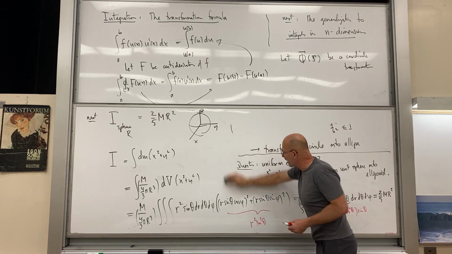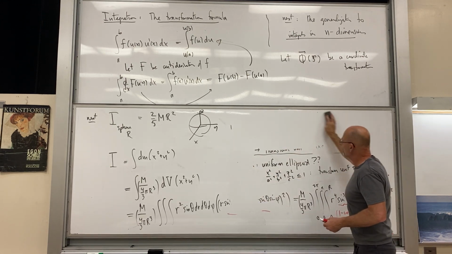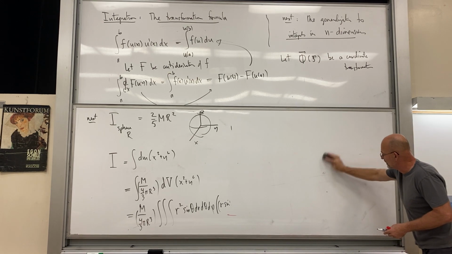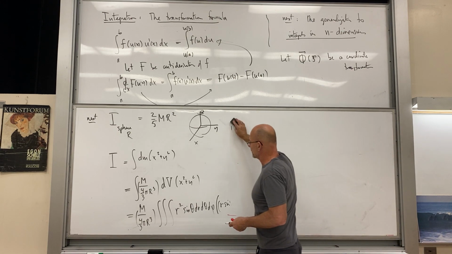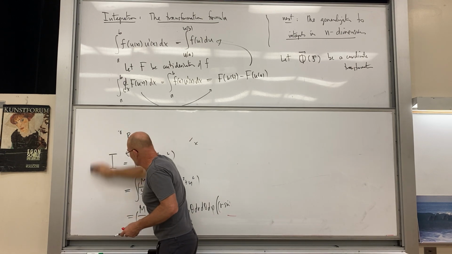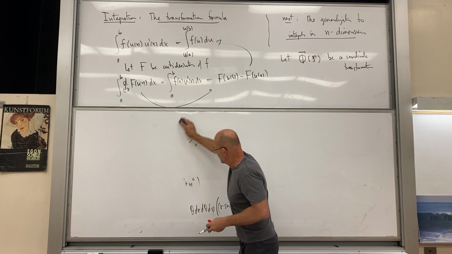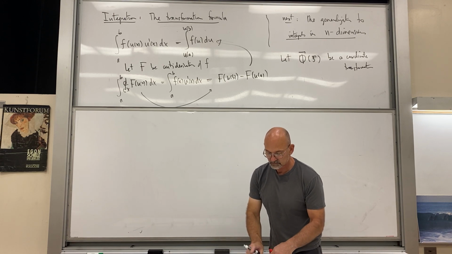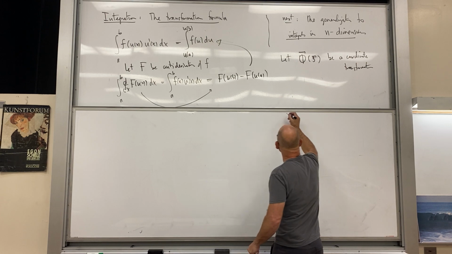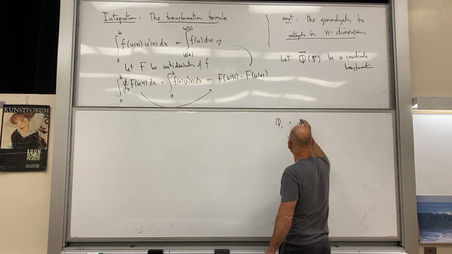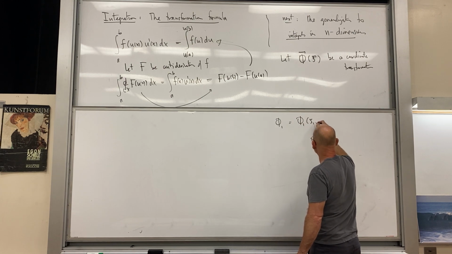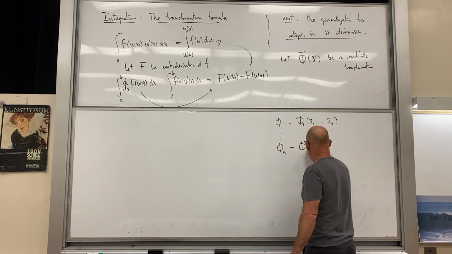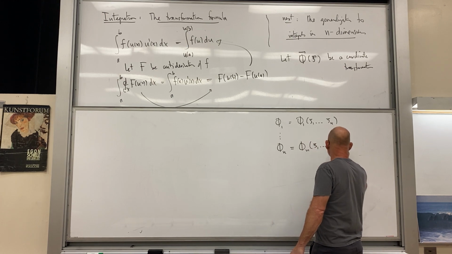So we're going for n variables right away. phi sub 1 is equal to phi sub 1 of c sub 1 all the way to c sub n, and all the way down to phi sub n is a function of c sub 1 to c sub n.